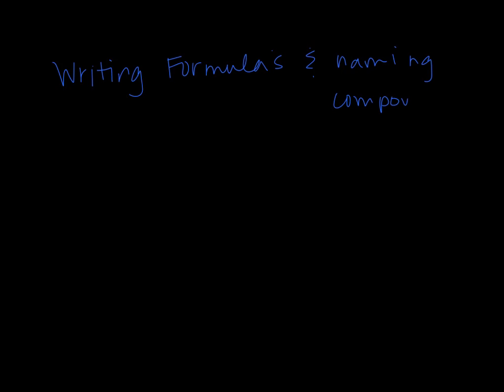Okay, so before we can actually name compounds, it's called nomenclature. We're just talking about writing formulas and naming compounds, and that's described as chemical nomenclature. Okay, and we're just starting out with simple ionic compounds.